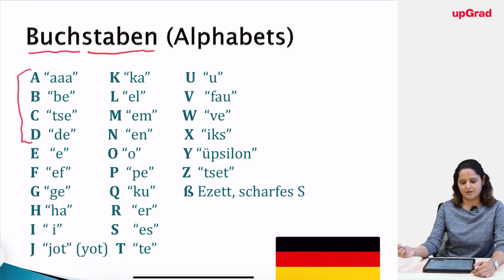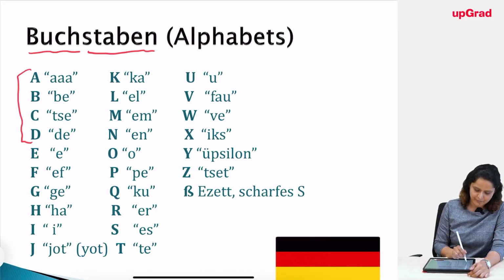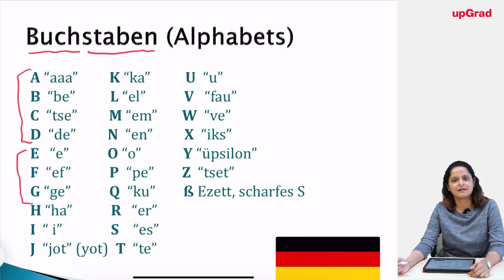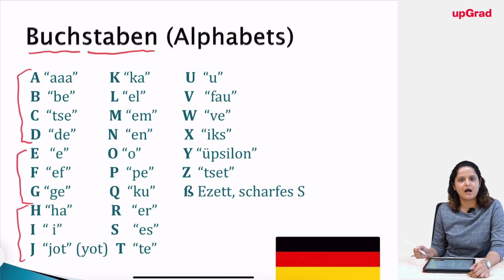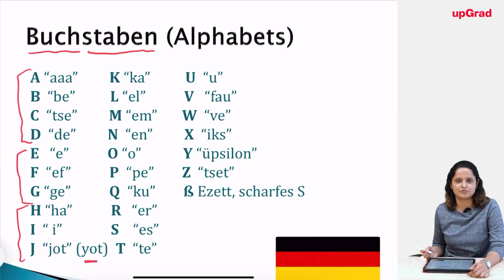So we start with A, B, C, D, E, F, G. H, I, J. If you look at the sound of J, here we have a sound of Y to it.